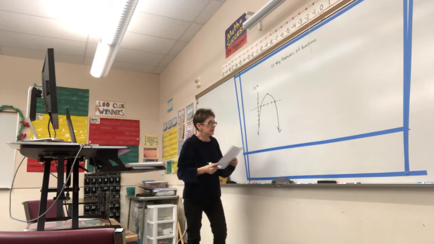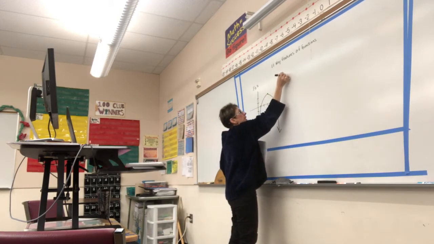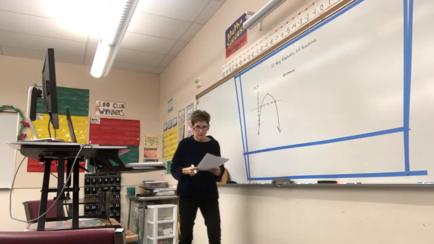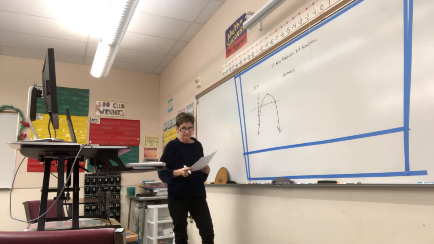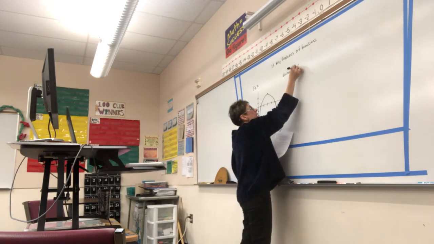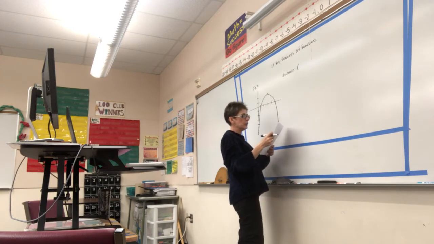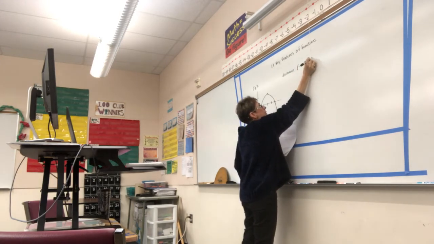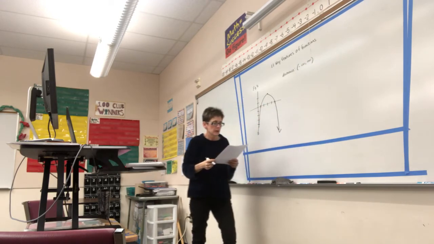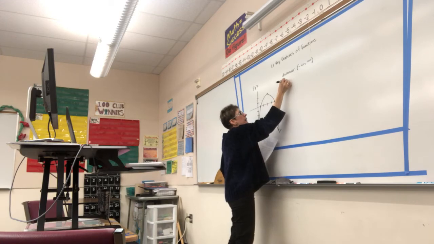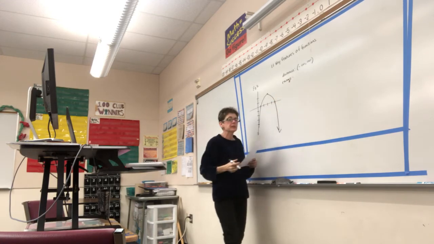All right, so see if you can tell me what the domain is for this function. What is the domain for this function? The domain should still be all real numbers. If we write this using interval notation, we're going to go from -infinity to +infinity. How about the range? Remember that range means all y values.